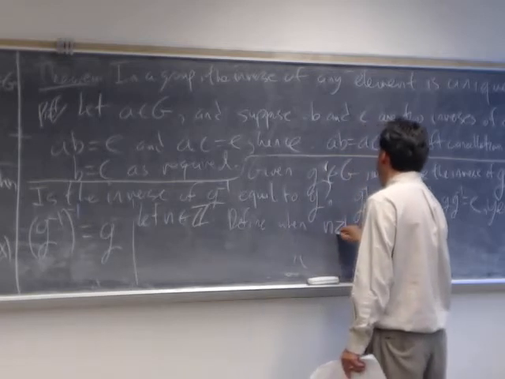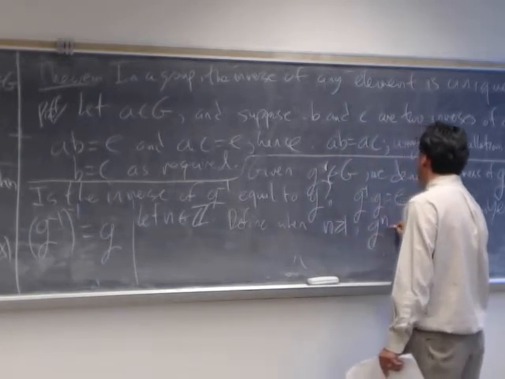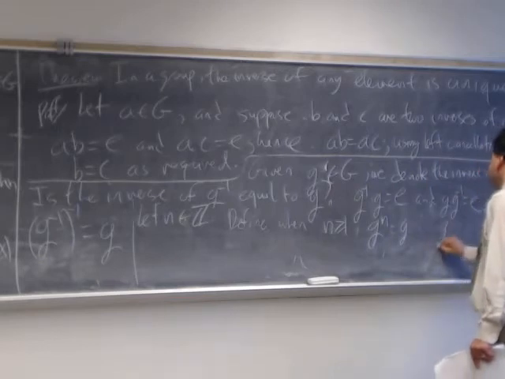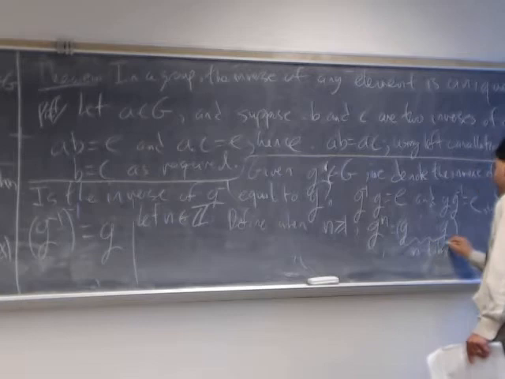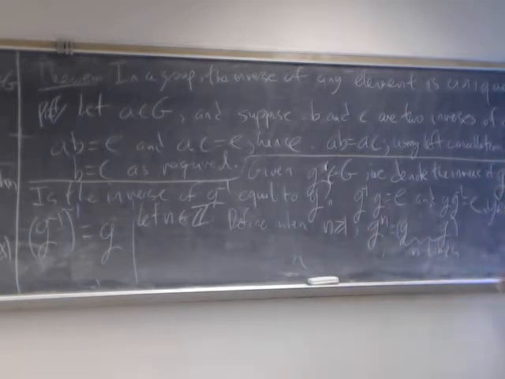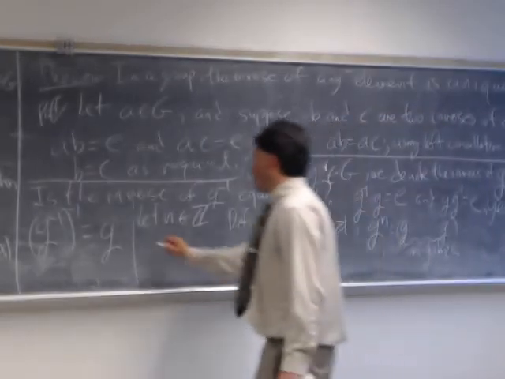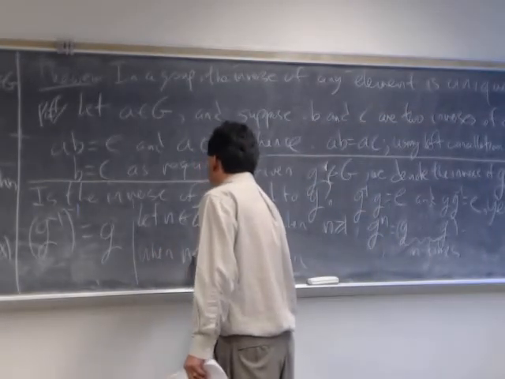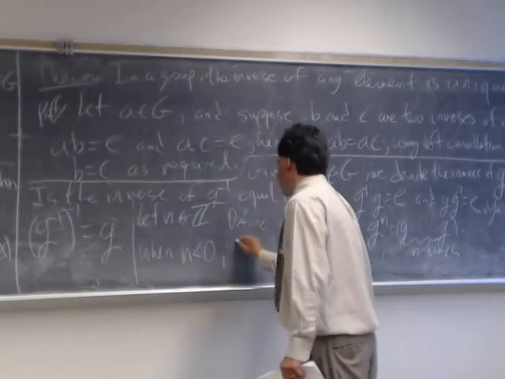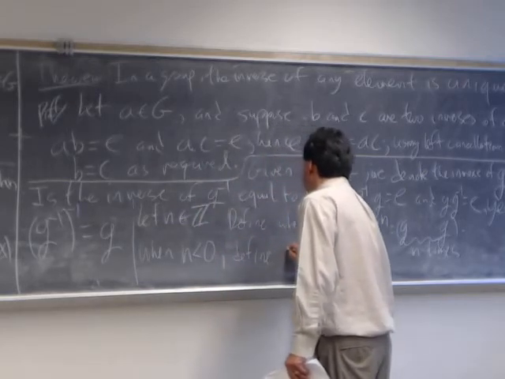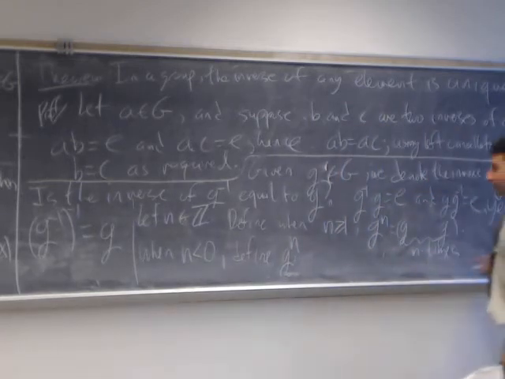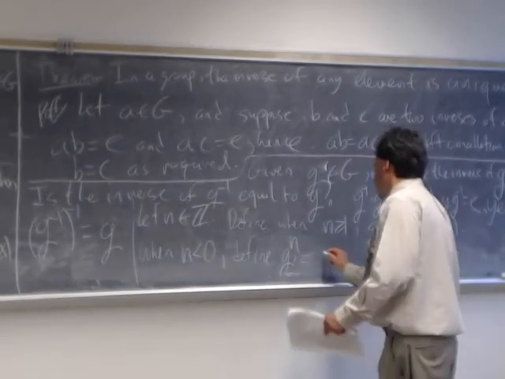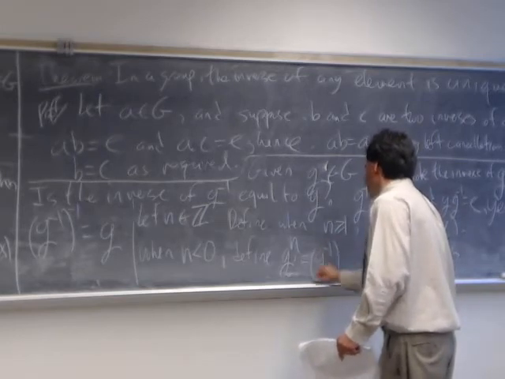When n is greater than or equal to 1, g to the n is the product of g n times. When n is negative, define g to the n as g inverse to the negative n.